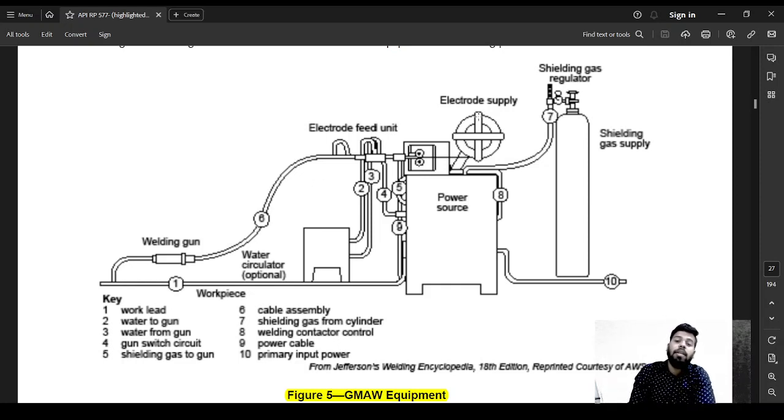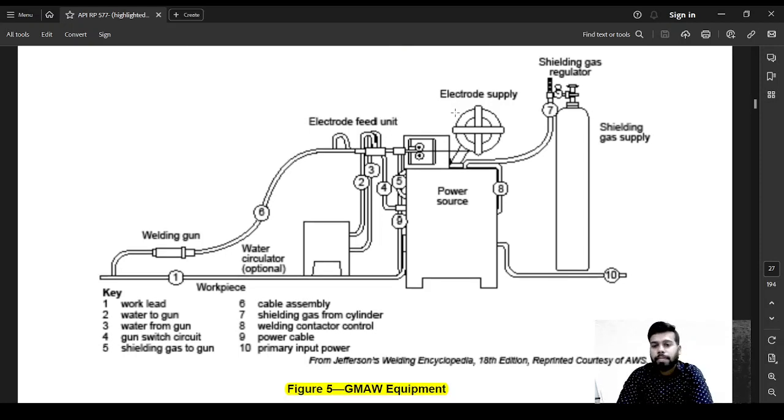This wire reel will have a huge chunk of wire. This means that with this welding you don't need to stop. You can go on continuously until you run out of wire. So this is going to have very good deposition rates. It is going to be much faster, and cleaning is also not that important in this case because you don't have any slag deposited here.